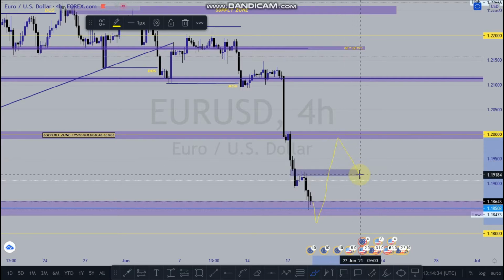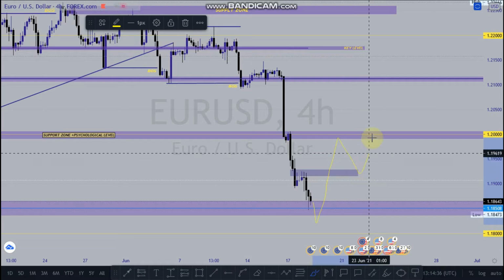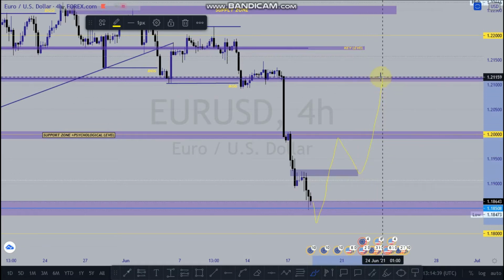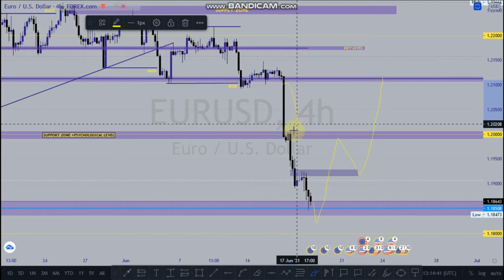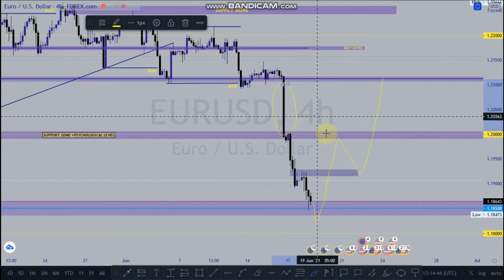That is when I'll be looking forward to go in long to correct this selling pressure over here, at the same time imbalance.